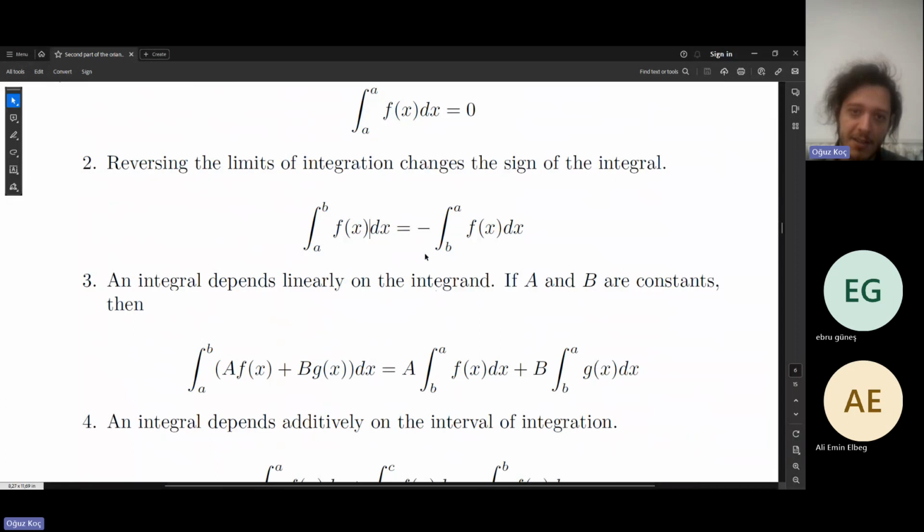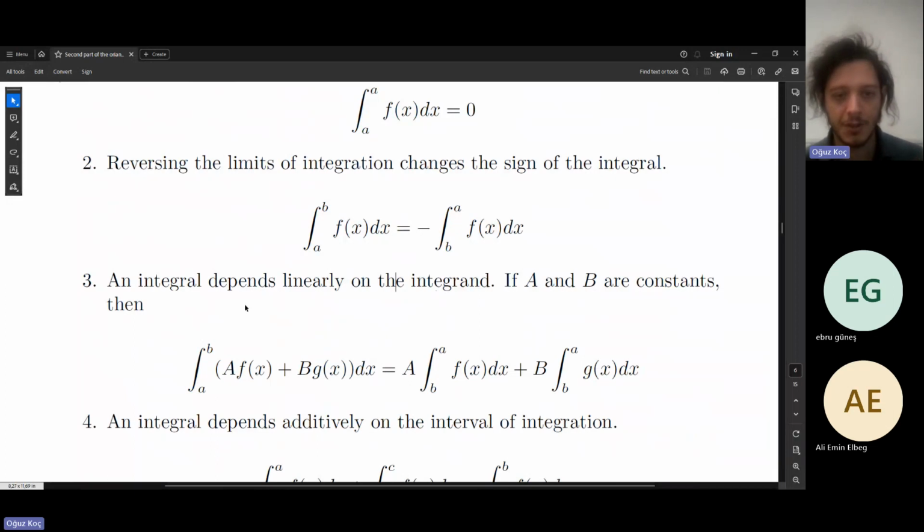It can be reversed by changing the lower limit to the upper limit and the upper limit to the lower limit. It's just changing the sign of the integral. If you need, you can use this in some integral calculations. It can simplify your estimations in some cases. We will talk about these in the later examples.